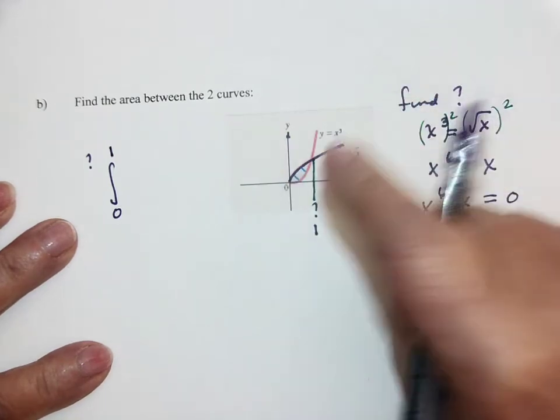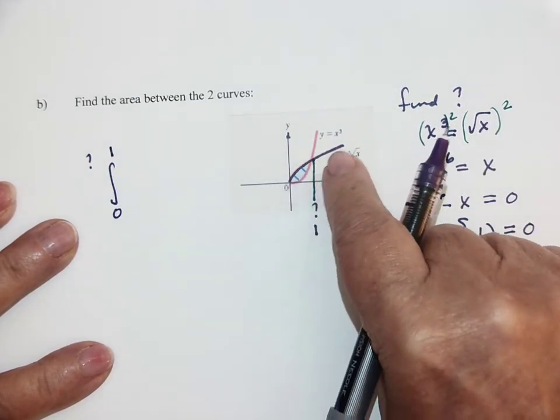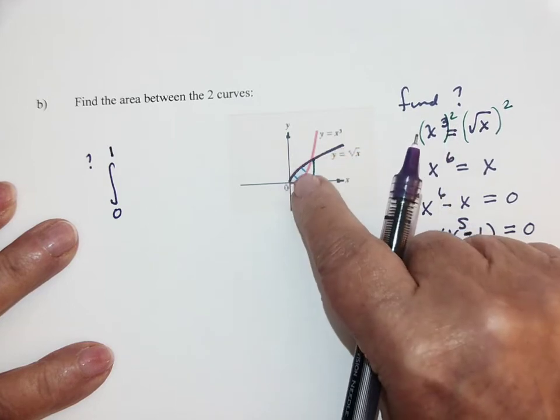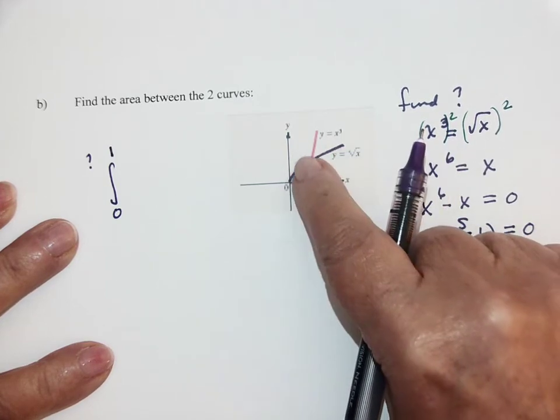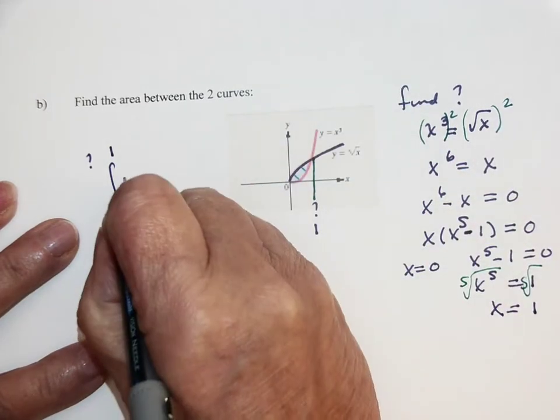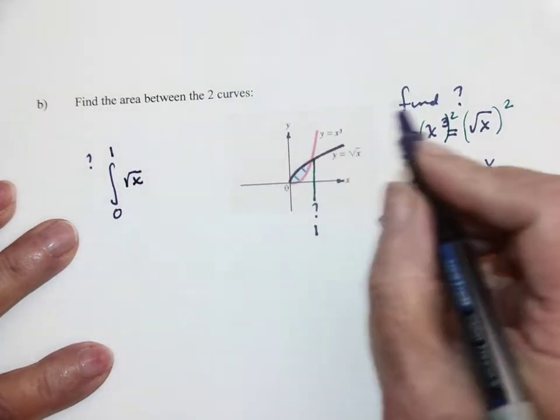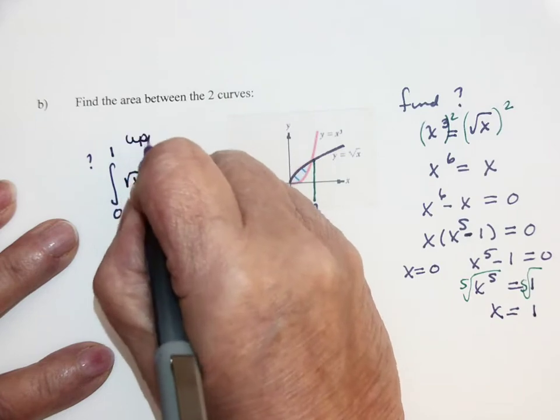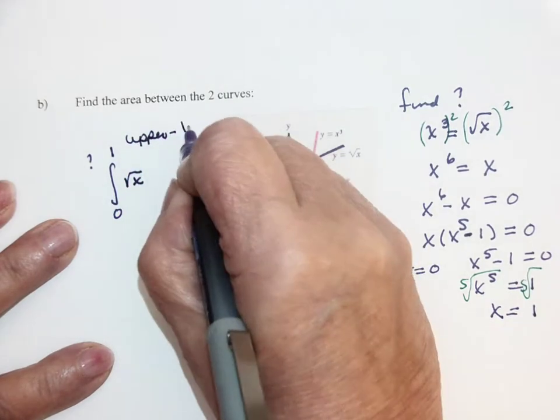And actually my pen is purple. You probably can't tell, but it is purple. This darker top, the above function, is the square root of x. So it's upper minus lower.